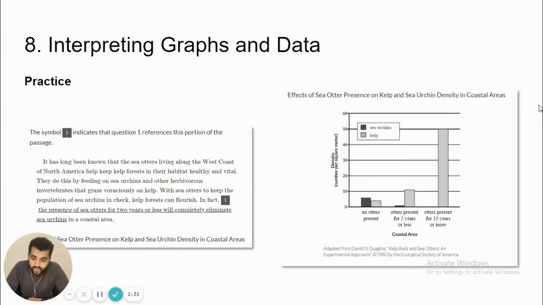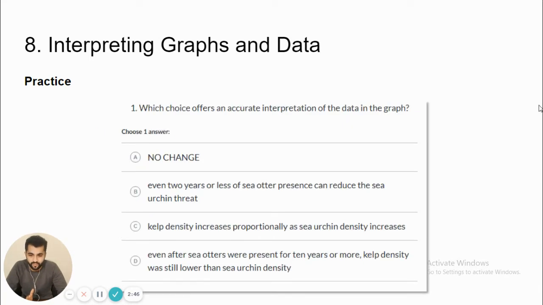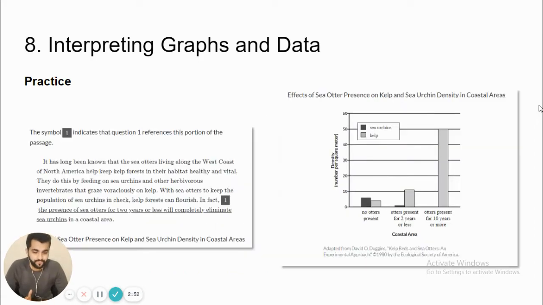In fact, the presence of sea otters for 2 years or less will completely eliminate sea urchins in the coastal area. So that is the underlined part, and now we have to see what the question is. Which choice offers an accurate interpretation of the data in the graph?